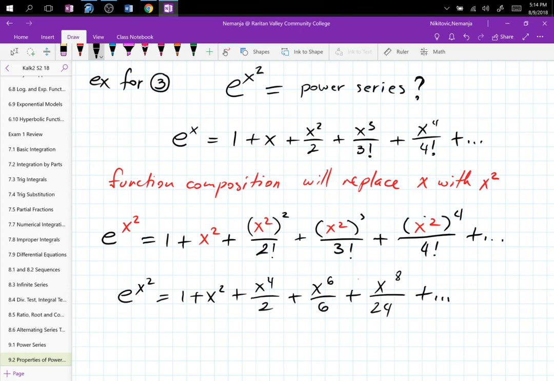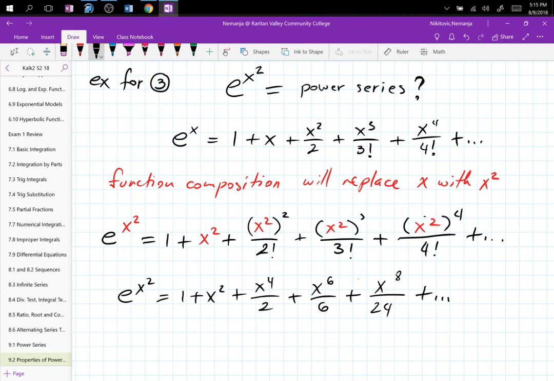So when we have power series, we have to worry about interval of convergence and radius of convergence, because we want to make sure that the formula we have for the power series converges to the function that we are examining. So that's that.